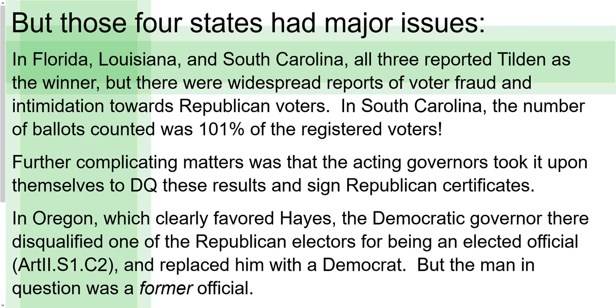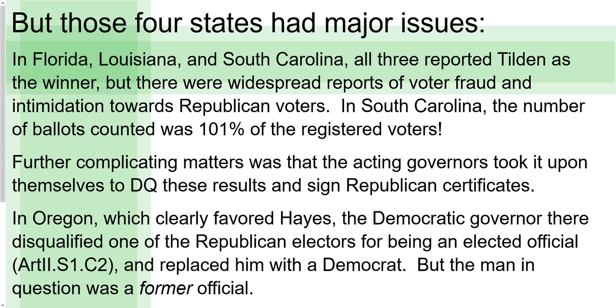They were the pro-slavery party, and they had a lot of wealthy plantation owners and things like that. And they all reported Tilden as the winner. Yet, just in South Carolina, it is said that 150 black Republicans were murdered at the polls or for voting Republican. That kind of stuff was happening.